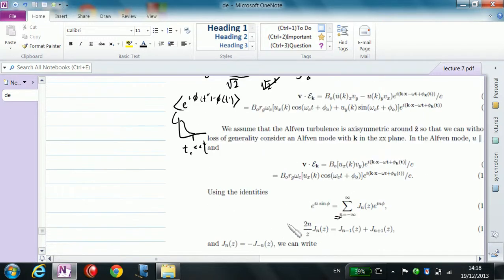And then the other concept here, when you have gyration, is simply that e to the i k dot r has a component r_g sine theta plus k parallel, let's say z.